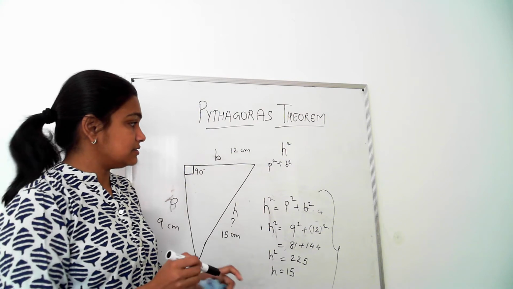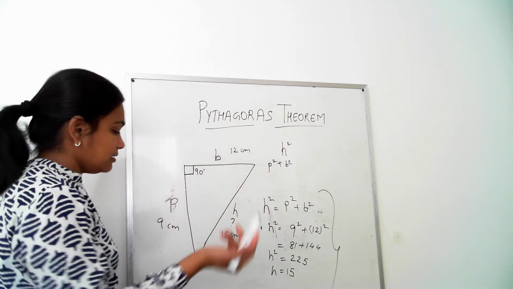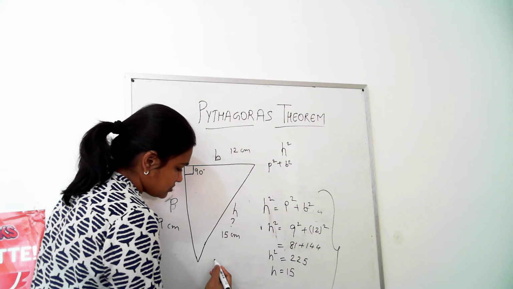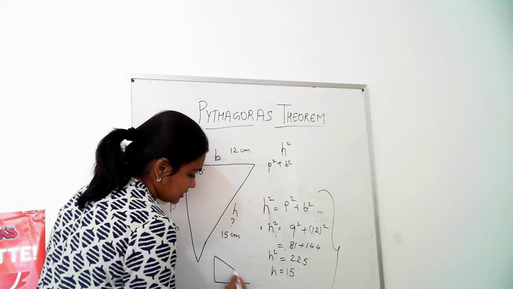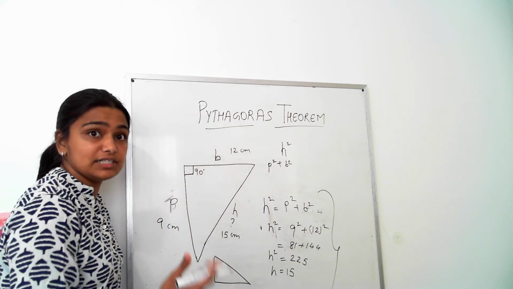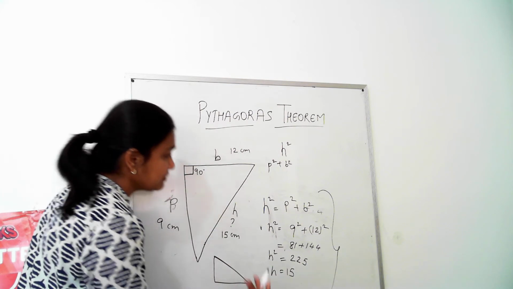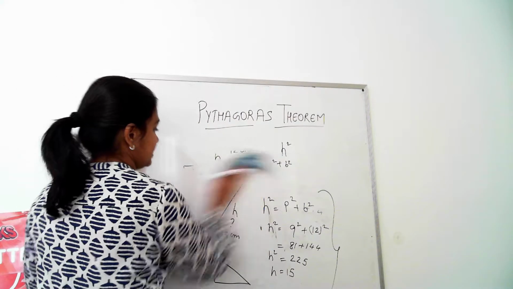And the third question is about Martha's house, where you have to find the length of the diagonal, and this is the diagonal. For example, it's very simple.